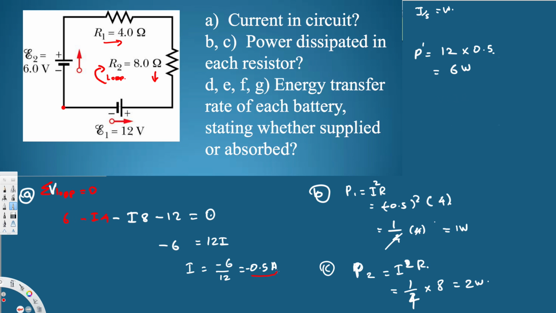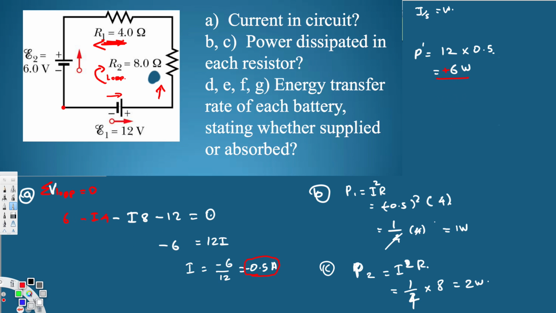This means the current is not flowing in this direction. Actually, the current is flowing in the opposite direction. If it's going through this direction, it's going from negative to positive, so this value should be a plus value. That's why this is plus 6 watts.